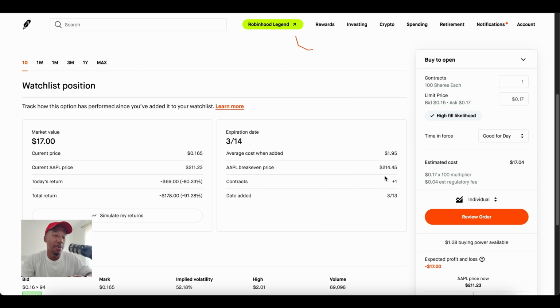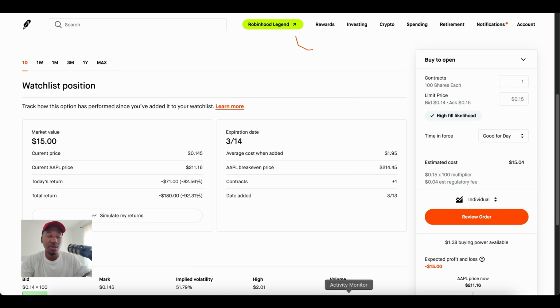The price when I added this call to the watch list was $1.95 per share. But now, if I was actually holding this contract and I hadn't taken profits or taken a loss on it yet, overall I'd be down 91%, and on the day I would be down 81% for $70. So this is what I like to do to see things theoretically.